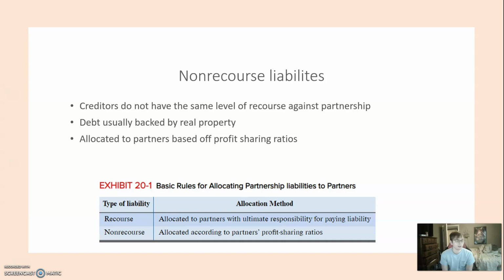But that's all they'd probably be able to do. Just partnership things. Allocated to partners based off profit sharing ratios. So the same ratios that partners follow to get distributed the income is the same way they're going to distribute the debt. I also included this Exhibit 20-1, which summarizes recourse and non-recourse in a quick little sense.